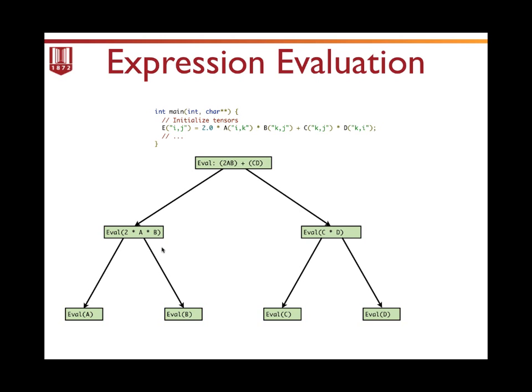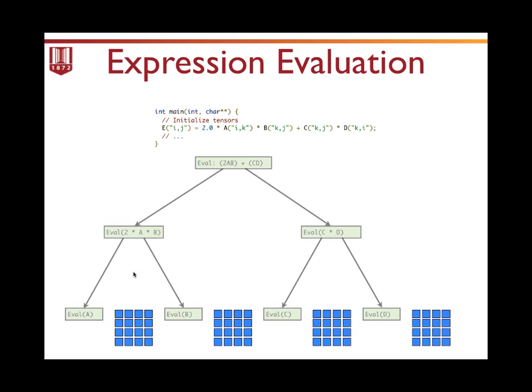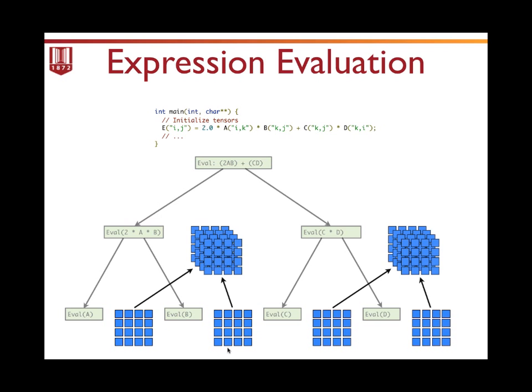Once all of these tasks have been constructed, then we start constructing the individual evaluation tasks for the tiles. So all the tiles of A would be constructed in these tasks here, and the tiles of B would be constructed here, and so on. These tasks then feed more tasks, so here would be our contraction tasks for A times B. And we can actually start computing some of A and A times B while these tasks are being evaluated.